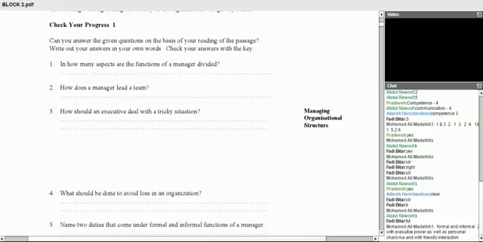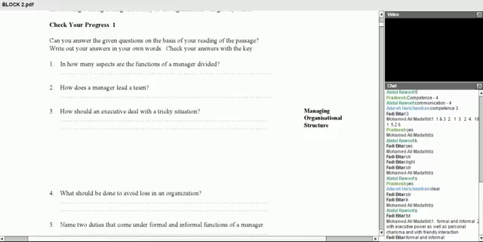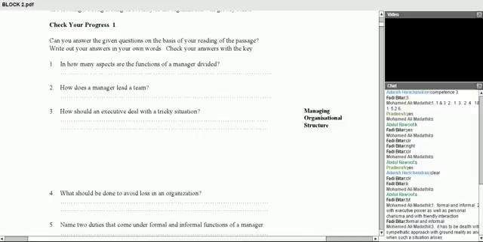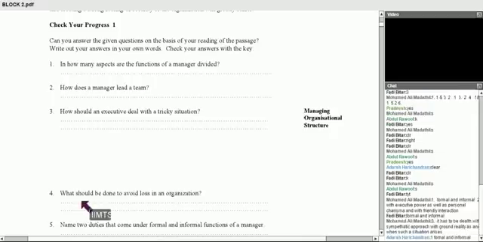You can type the answers in the chat box itself. You can type answers for these questions and I'm going to scroll it down.